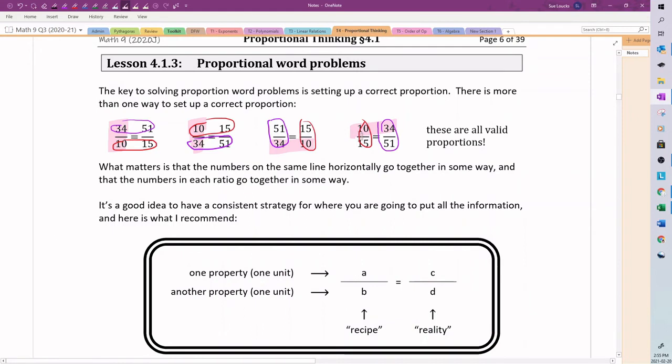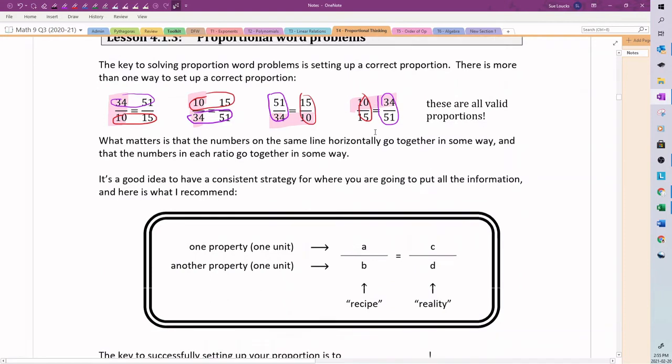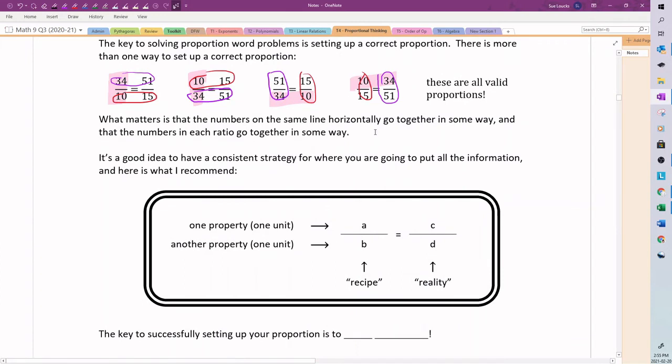What I suggest is that you have a consistent strategy for where you're going to put the information. This is the way I recommend because this works in every situation. The first ratio here is what I call the recipe.